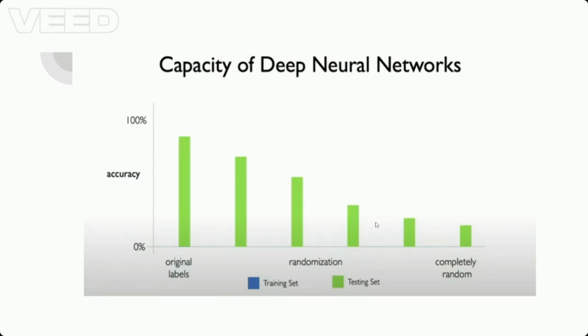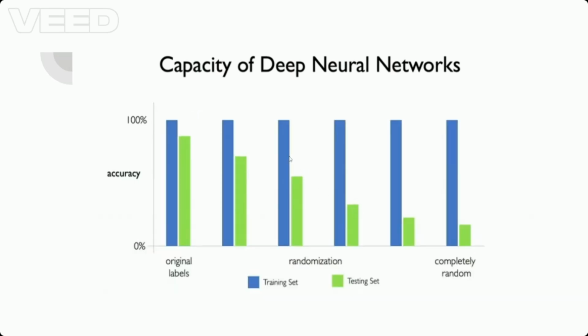However, something surprising is that with the training set data, it almost always was accurate, or close to accurate. So this essentially means that you could eventually fit a neural network that will get very high accuracy, very close to 100%, and that the neural network can perfectly fit completely randomized training data. Which was very interesting.